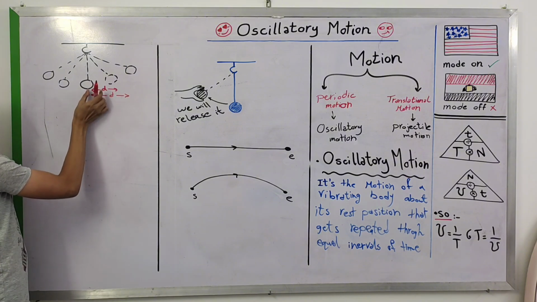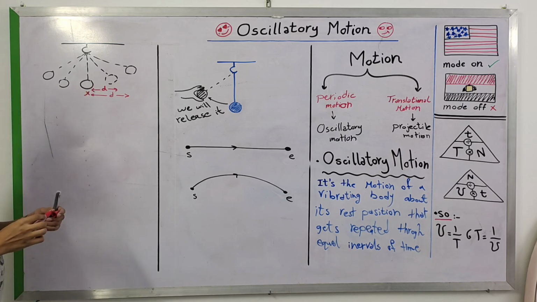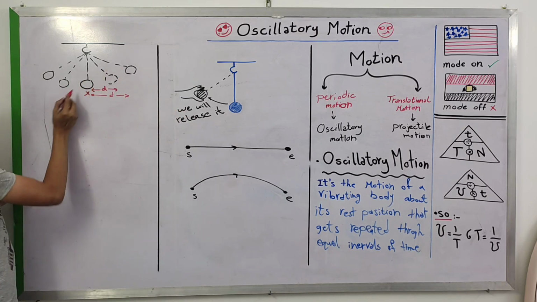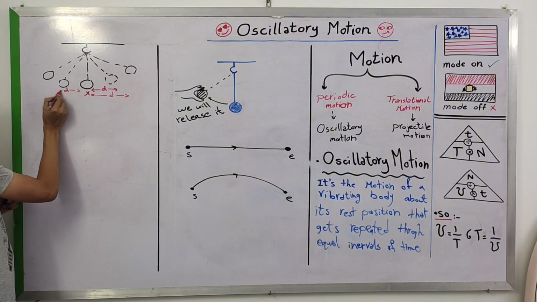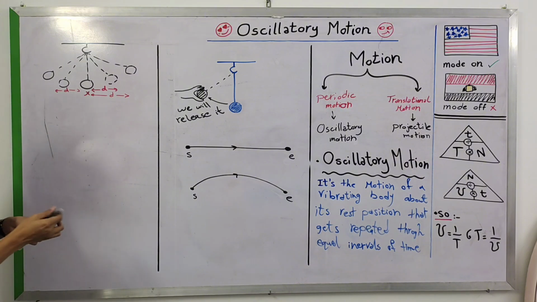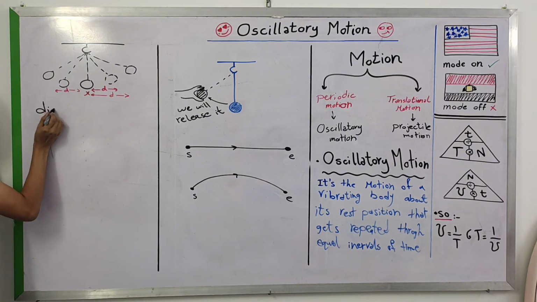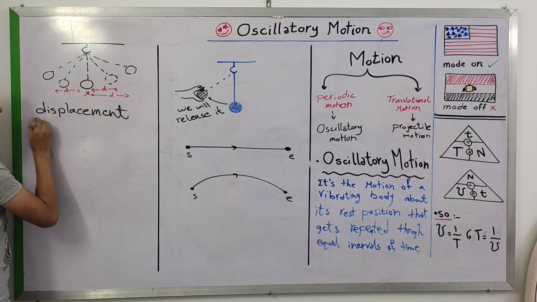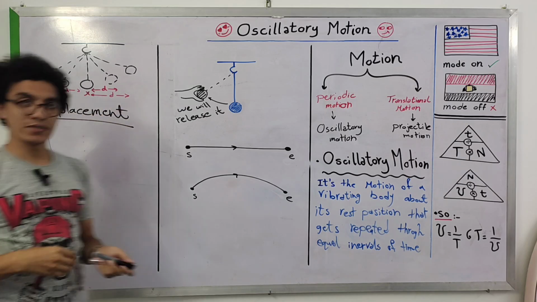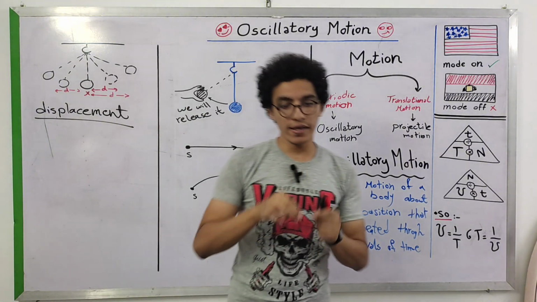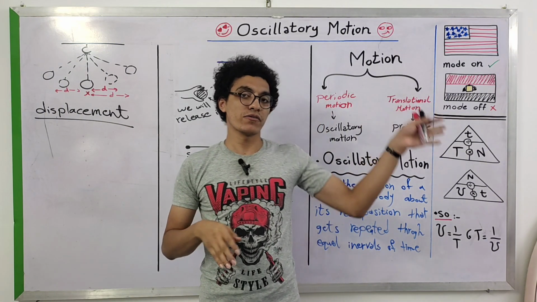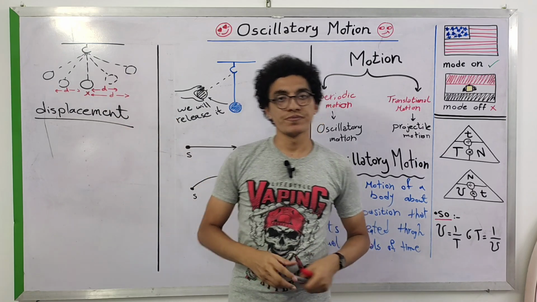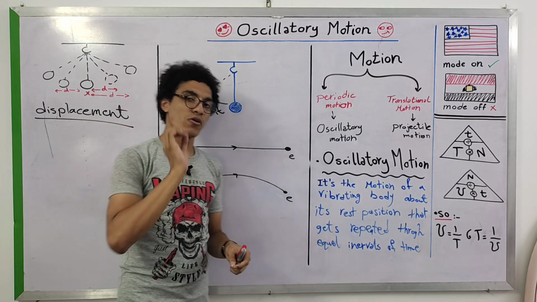But any amount of distance, like from left to right, whatever, this is called displacement. Displacement is the distance between any point, on the left or the right, and the equilibrium position. Take care of it.